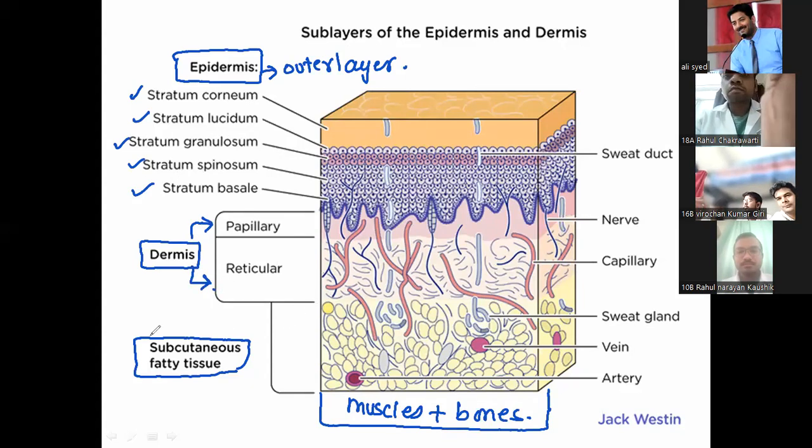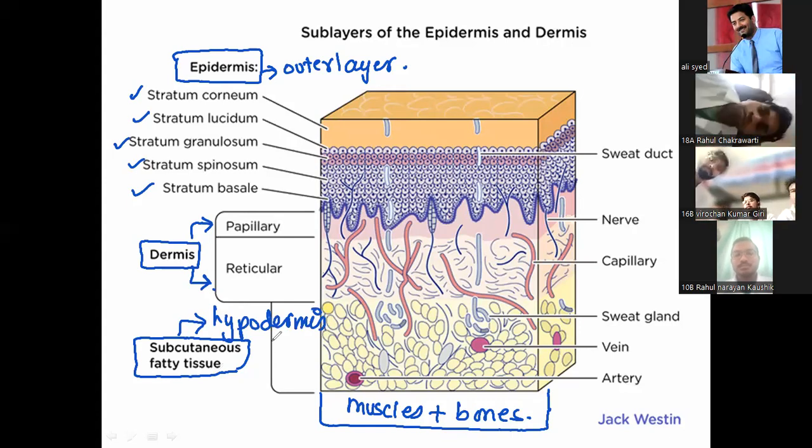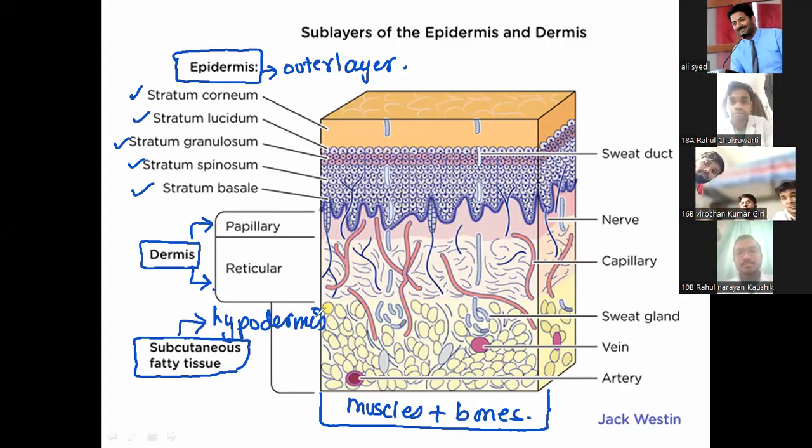And then we have the subcutaneous fat. The subcutaneous fatty layer is also known as hypodermis. So you must know the layers of the skin.